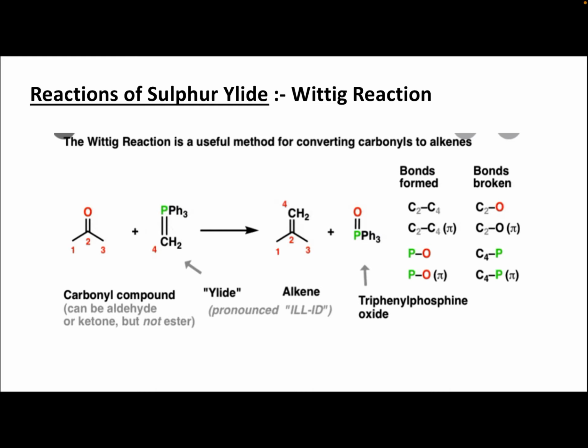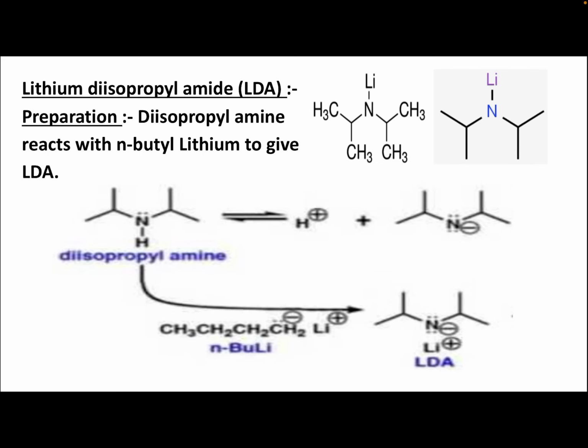Only aldehyde and ketone. And here we are getting an ylide, Ph3P double bond CH2. Then you are getting alkene and also triphenylphosphine oxide. So this is the Wittig reaction. In the Wittig reaction, the carbonyl group is converted into alkene. This is the best example of a reaction of ylide.